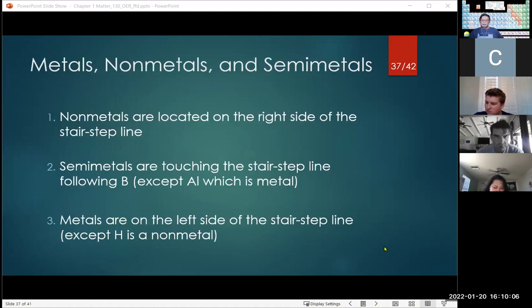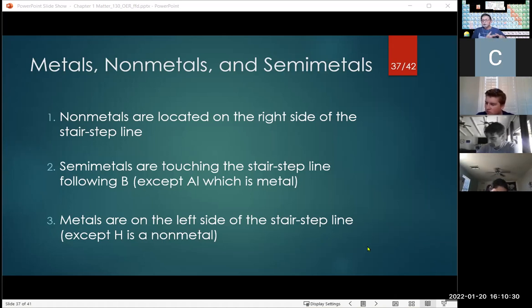All right. So now, almost done here. This is also important to know. Of these 118 elements, they're broken down into 3 types. Type number 1, a metal. Type number 2, a non-metal.